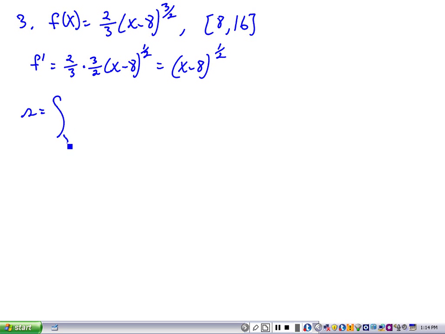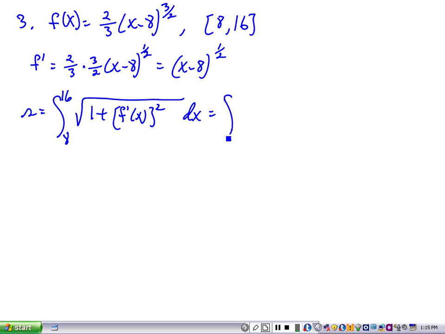So the arc length is the integral from 8 to 16 of the square root of 1 plus the derivative squared dx. So that gives us the integral from 8 to 16 of the square root of 1 plus x minus 8 to the 1/2, to be squared, and we just get this.